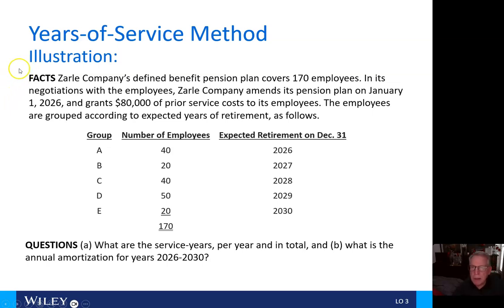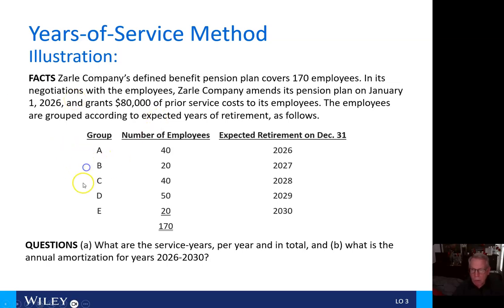Back to Zarro Company, and its defined benefit pension plan covers 170 employees. In its negotiations with the employees, Zarro Company amends its pension plan on January 1, 2026 and grants $80,000 of prior service costs to its employees. The employees are grouped according to expected years of retirement as shown in this schedule.